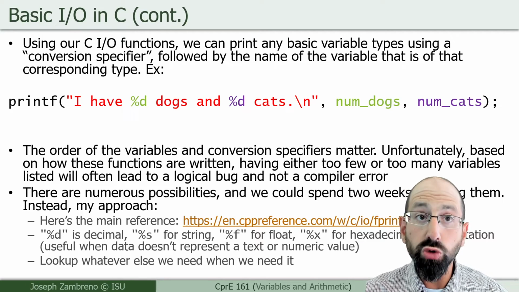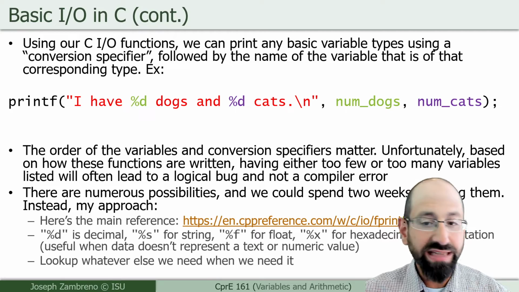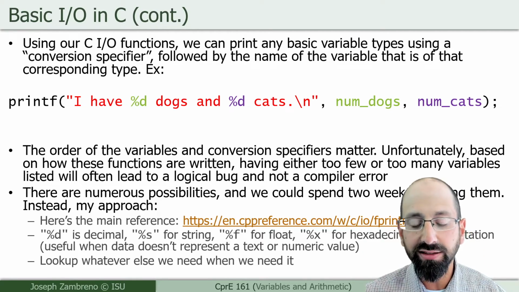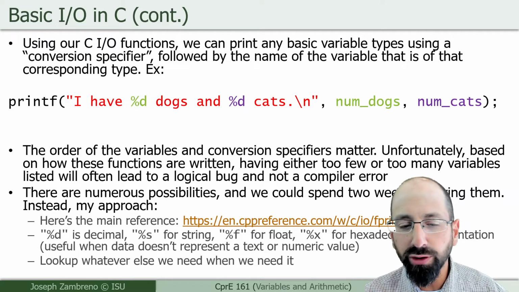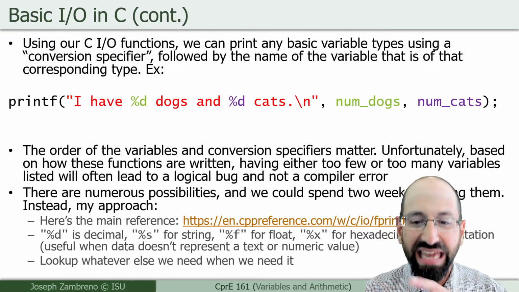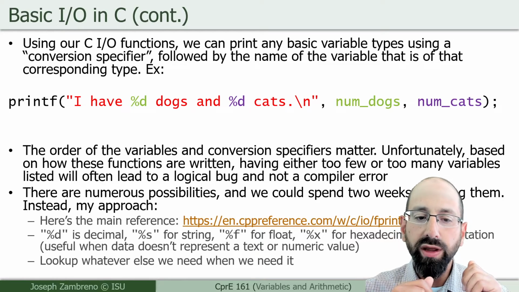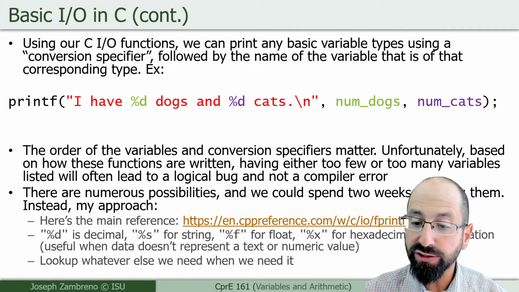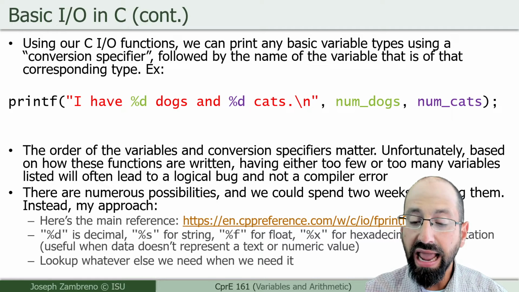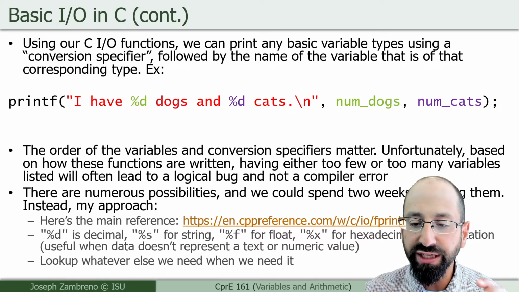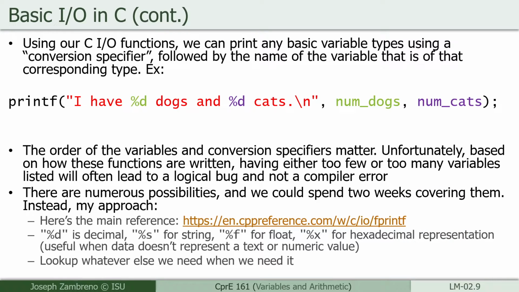Using these IO functions, we can actually print any variable of a basic type using a so-called conversion specifier in our syntax. That's a funny word for this percent sign and then a character or number of characters following it, where we are saying that I'm going to be printing out this string, and as part of that string, I want to insert the value of a particular variable in lieu of just the actual symbol for %d here.